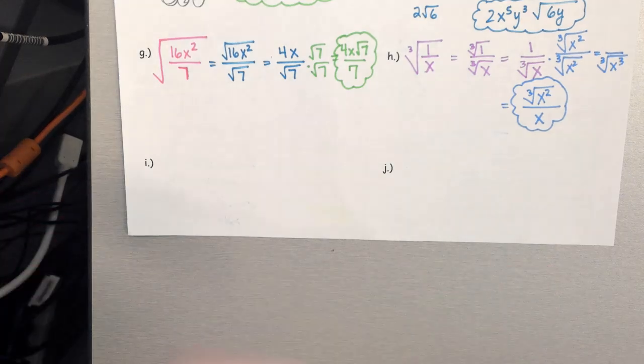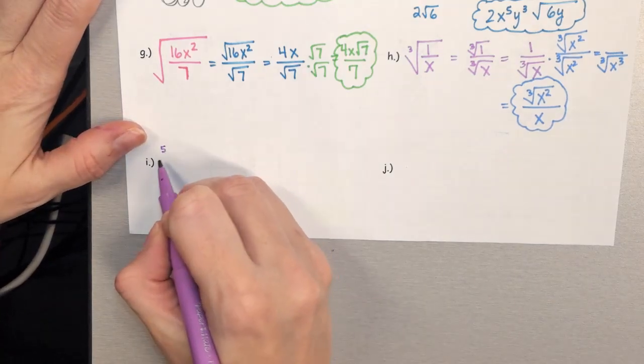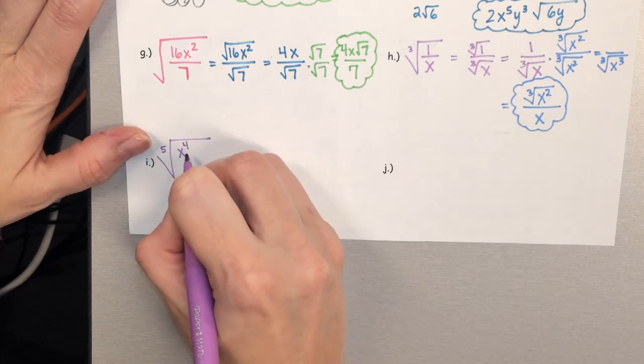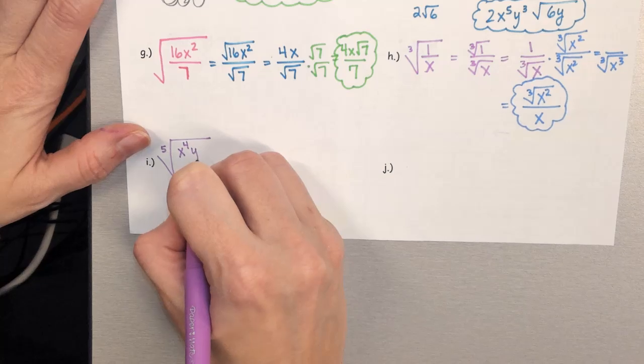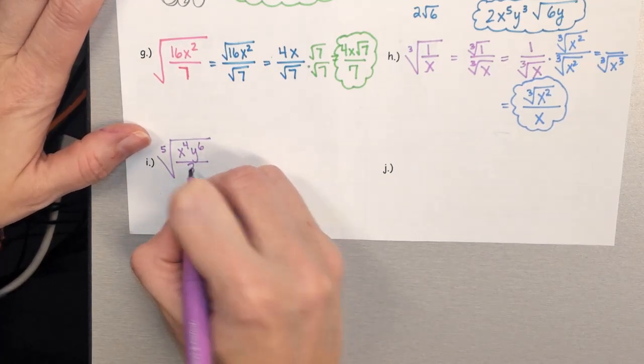All right, and then for I, we're going to do the 5th root of x to the 4th, y to the 6th, over 3.